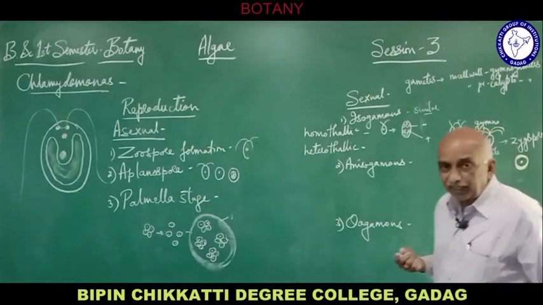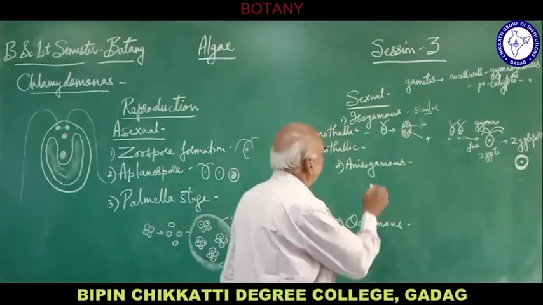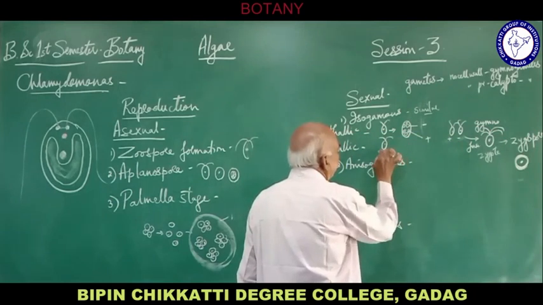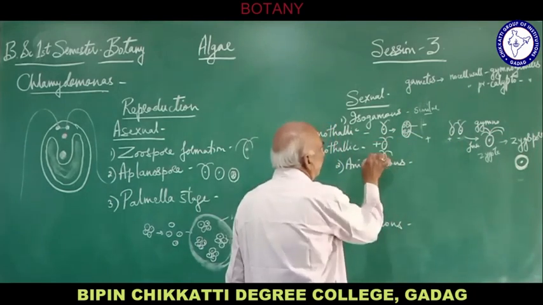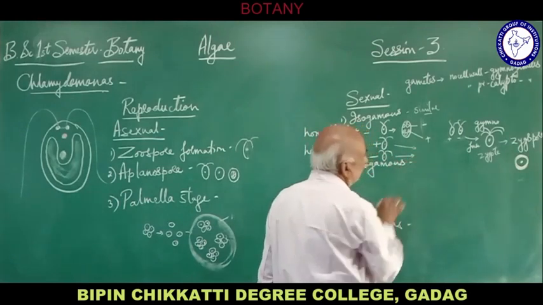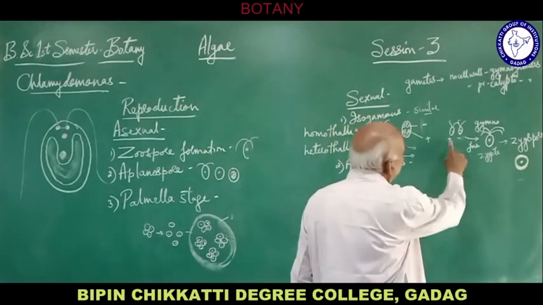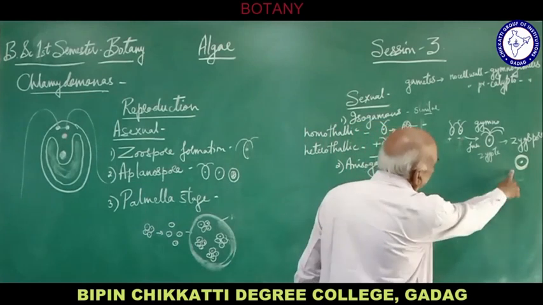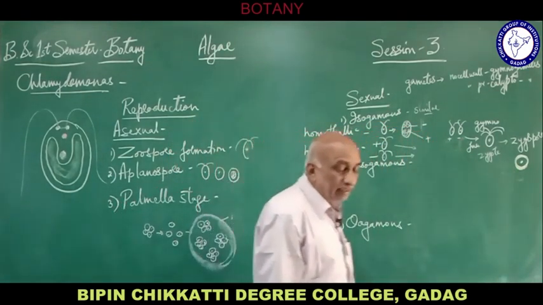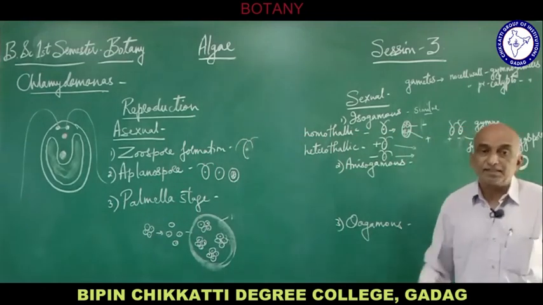But in heterothallic, 2 separate cells produce. Suppose this is one cell and this is another cell. This is plus type and this is minus type. These also will produce gametes. So when they produce the plus type and minus type, again it forms the zygospores. They are isogamous, but the gametes are produced from separate cells.